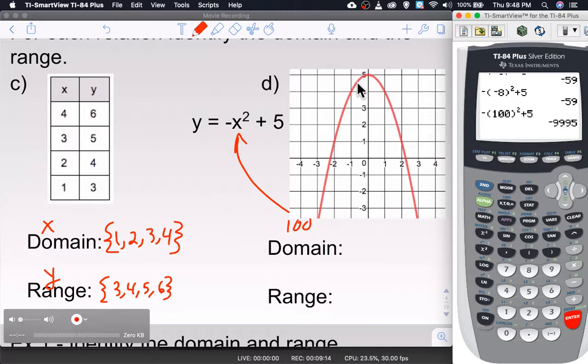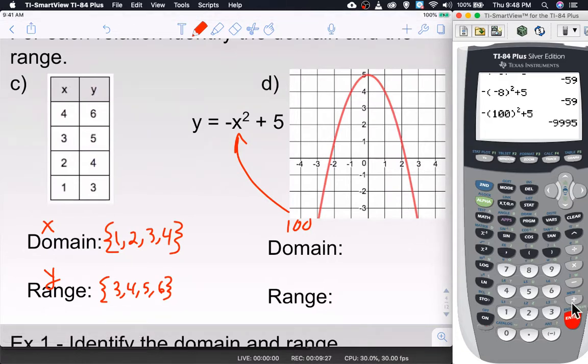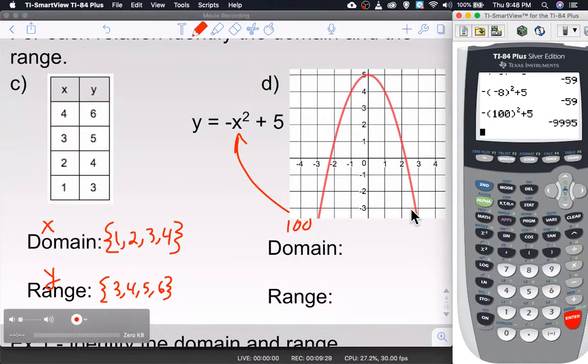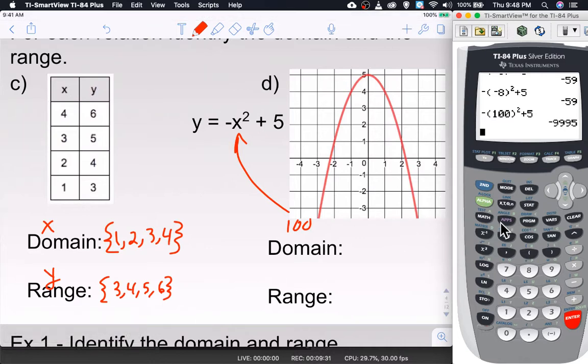This graph, although we don't see it, will continue out, and it's called a parabola shape. It's going to continue this parabola forever and ever. So it's going to exist out here at 100 and 1,000 and 10,000, but it's just going to be really, really far down below. So the domain here is all real numbers.